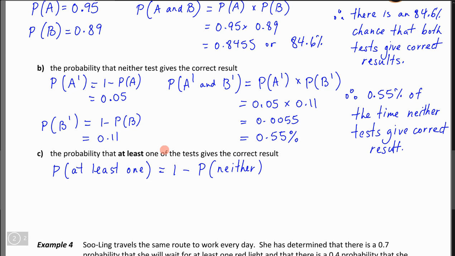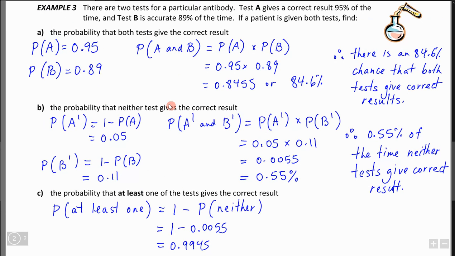If we know the probability that neither test gives the correct result, then I can find the probability that at least one of them does. So at least one could mean one or both, right? So one or both. So I'm going to say here 1 minus 0.0055, and that's equal to 0.9945, which is 99.5%.